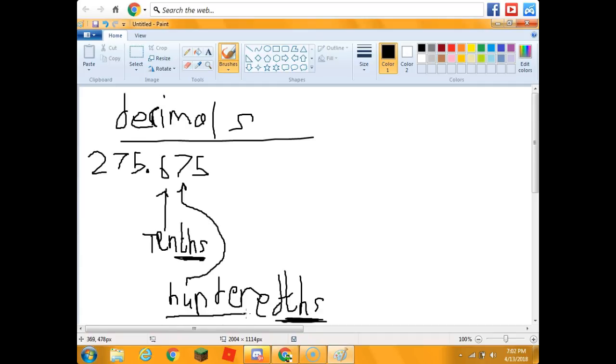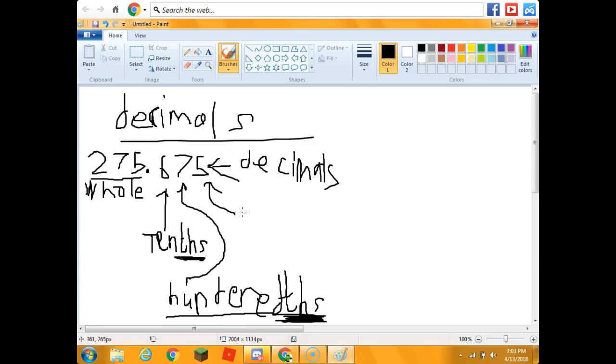It separates the whole numbers from the decimals. And that is the thousandths place. You see where I'm getting with this? The thousandths place.